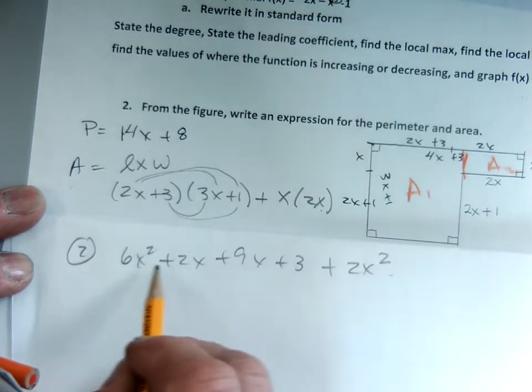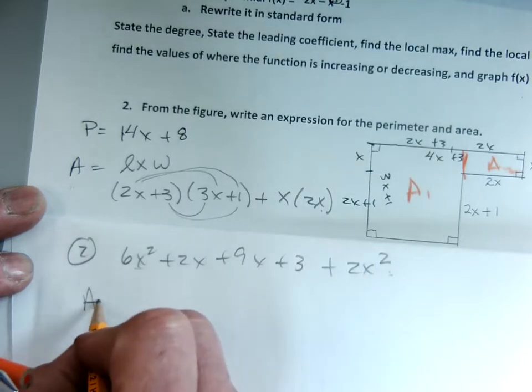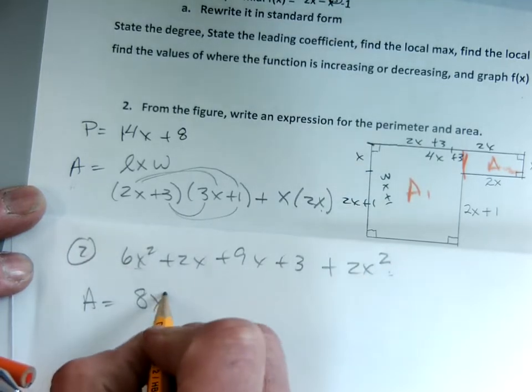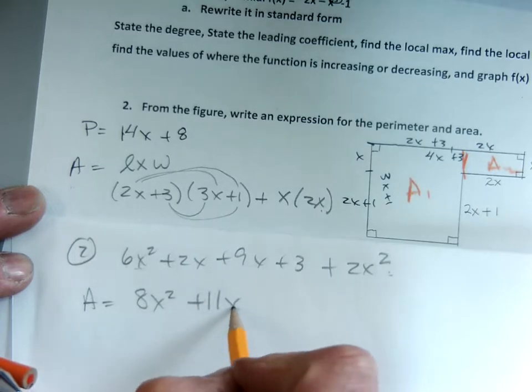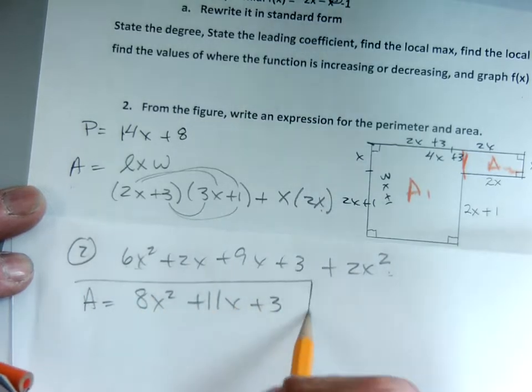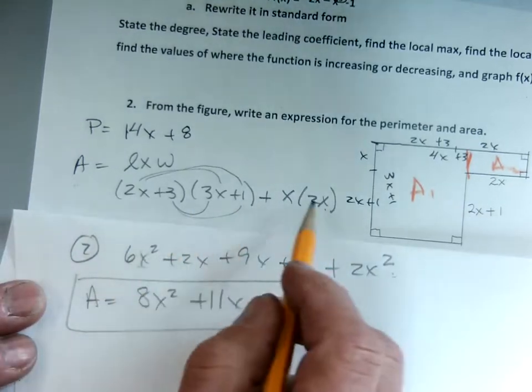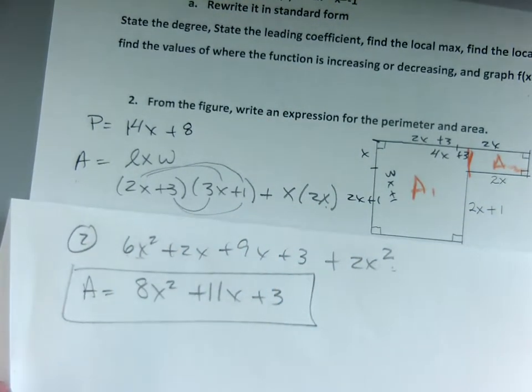Well, if I combine my x squareds, my area would be 8x squared. Combine my x terms, plus 11x plus 3. That's the answer I'd really like to see. I guess I would take that answer, but this answer is more simplified.